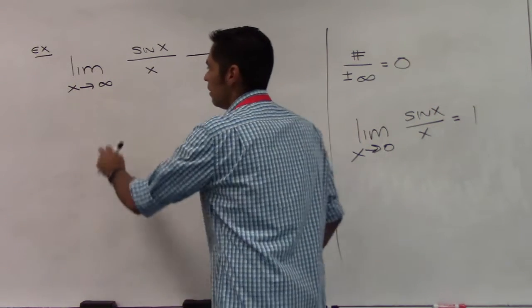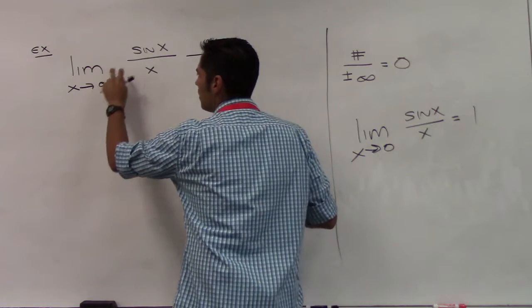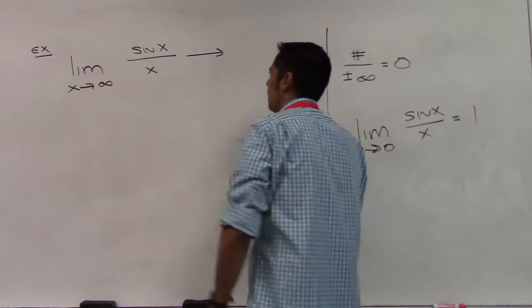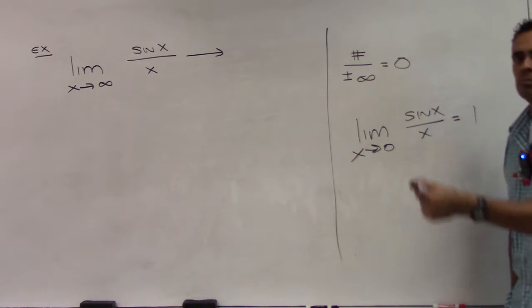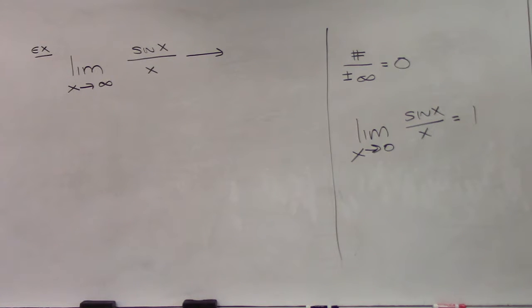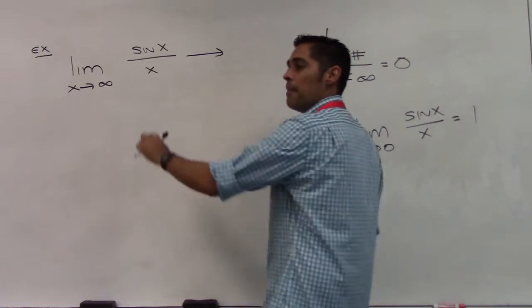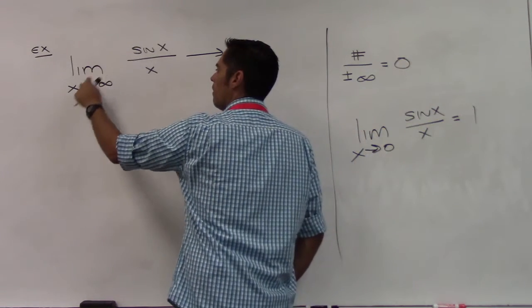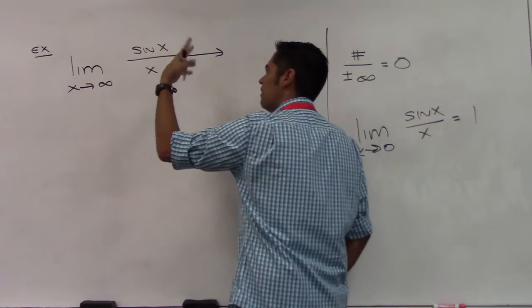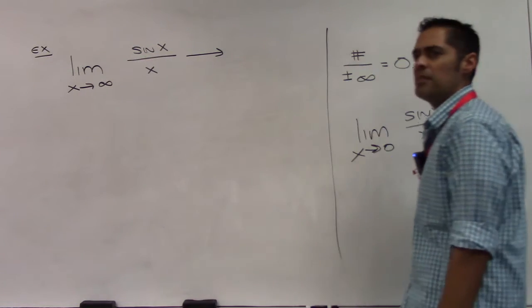All right? Any idea what happens to this as I let x go to infinity? Doesn't exist. Let's see. What's that? I'm saying if x goes to infinity, what's sine of infinity? Does it even make sense?